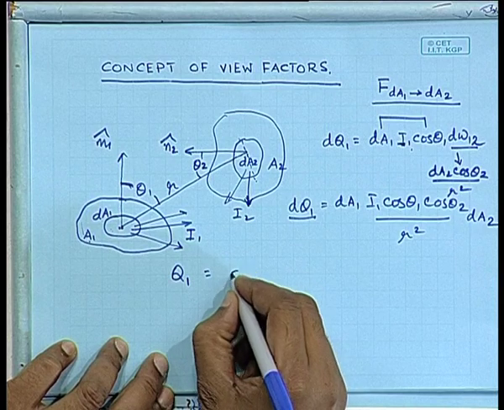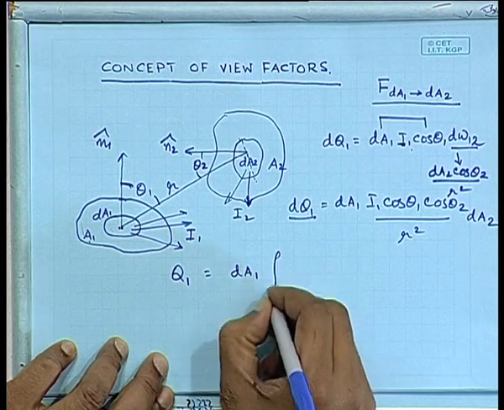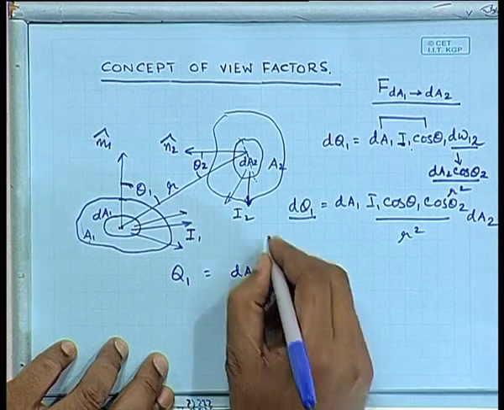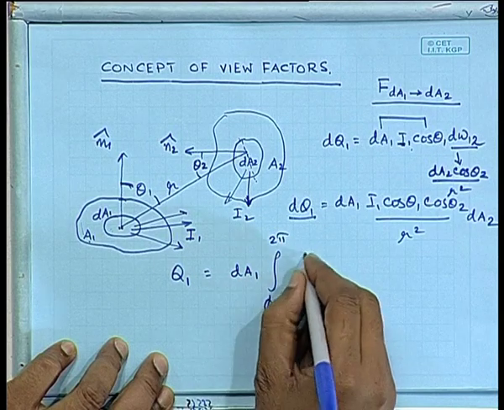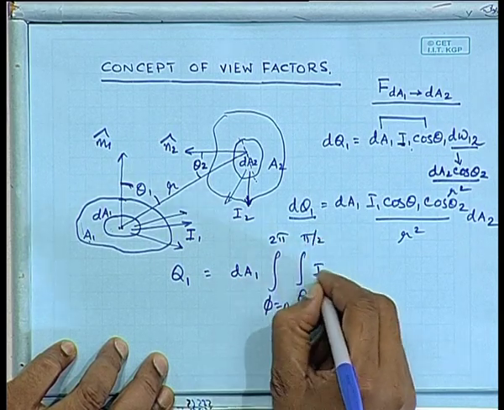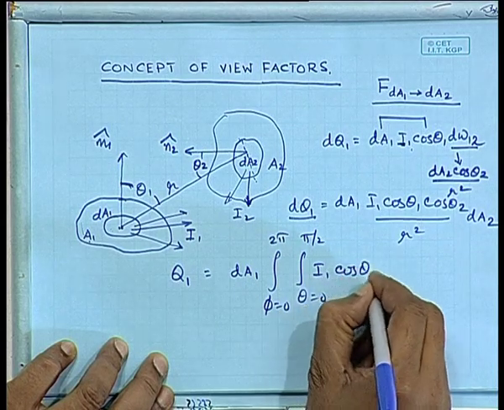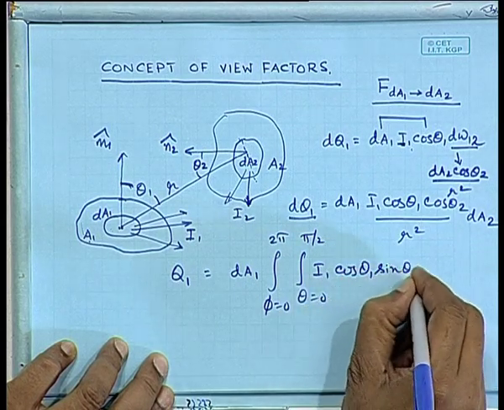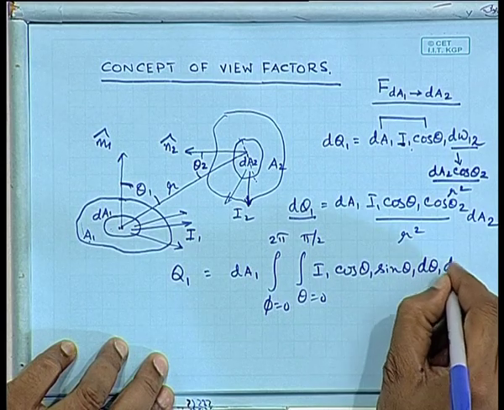So, this simply would be equal to whatever be the area, and as we have done before, over the angle phi from 0 to 2 pi and theta equals 0 to pi by 2, intensity cos theta 1 sin theta 1 d theta 1 d phi.